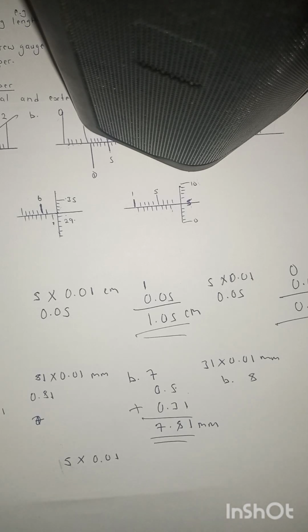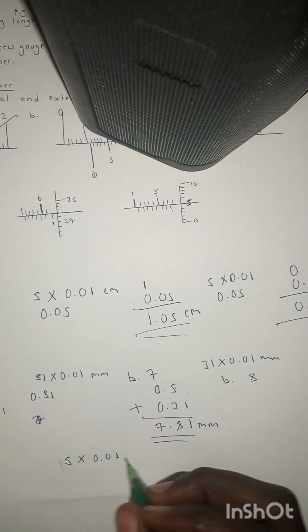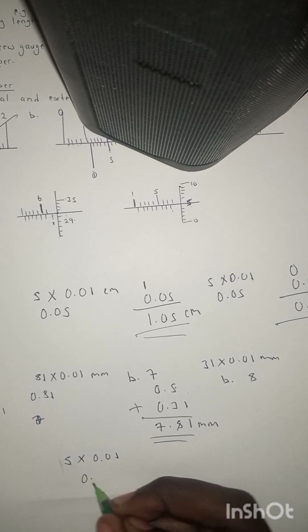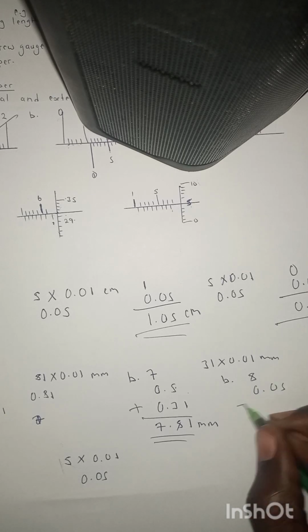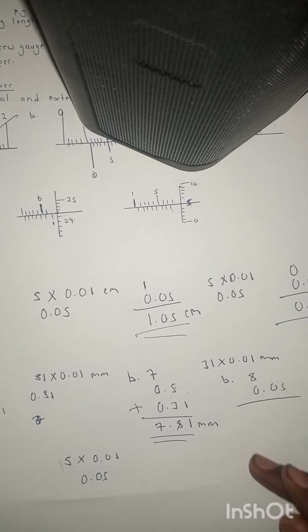Never forget to multiply by the accuracy. So when you multiply by the accuracy, this is 0.05, right? So when you add the 8, your answer will be 8.05 millimeters.